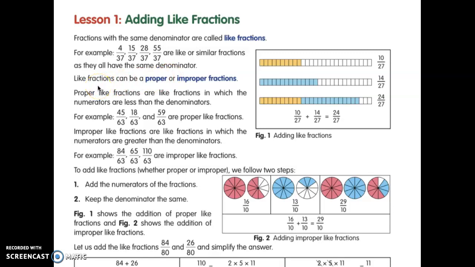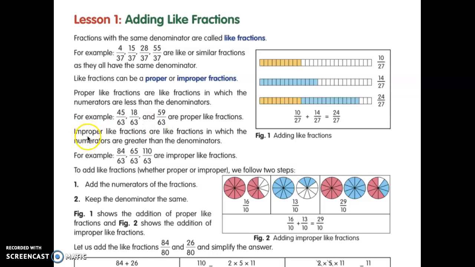Like fractions can be proper or improper fractions. Proper fractions are like fractions in which the numerators are less than the denominators. For example, 45 over 63, 18 over 63, and 59 over 63 are proper like fractions because the denominator is 63.